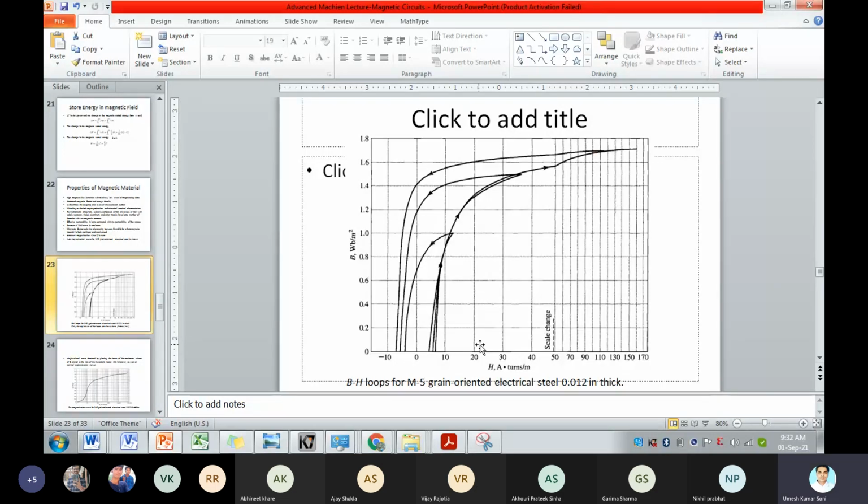Suppose at this 20 ampere you had seen that the value of flux was 1.3, but during the reduction of the current after saturation, you see that the flux density was 1.6 and it could not have reduced to 1.3.